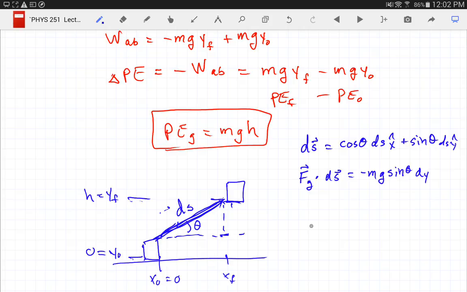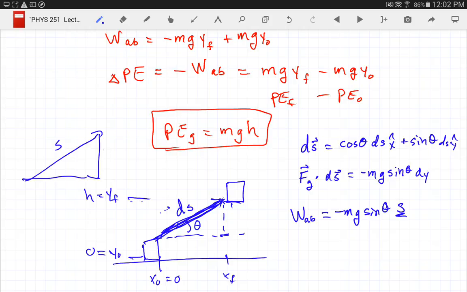And then I integrate that, and so I get my work going from A to B is equal to minus mg sine theta, and then I will just put in s, where s is the total distance going from here to here. So the triangle has s as this distance, but this side of the triangle is our definition of the height, how much it was raised. And just looking at your trigonometry, s sine theta is height.